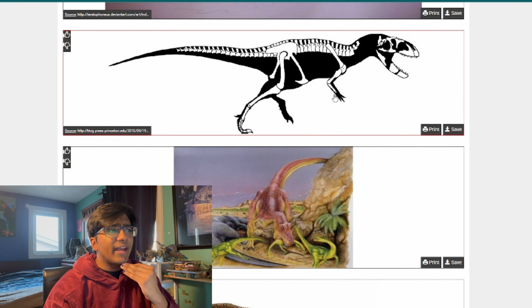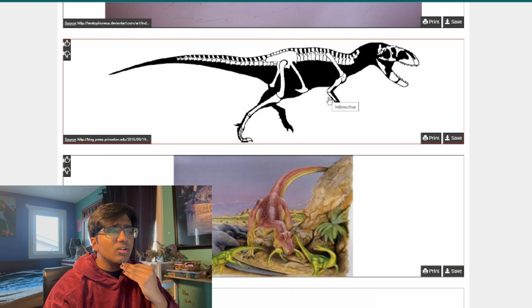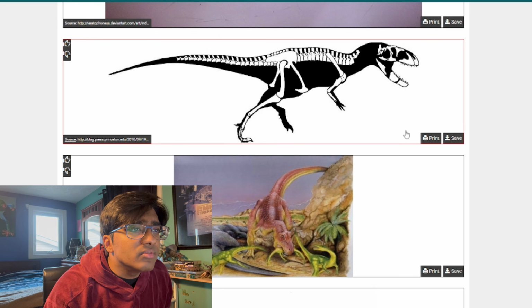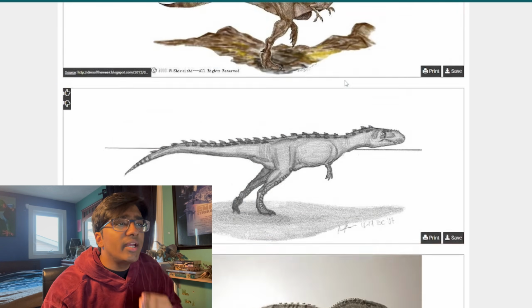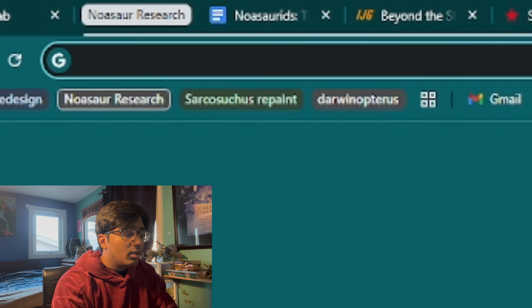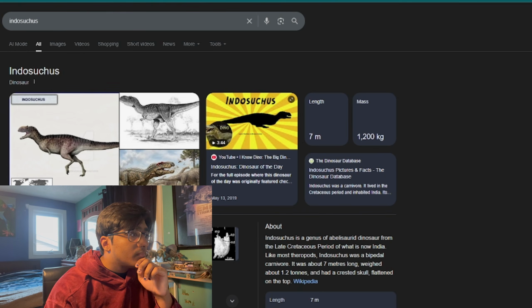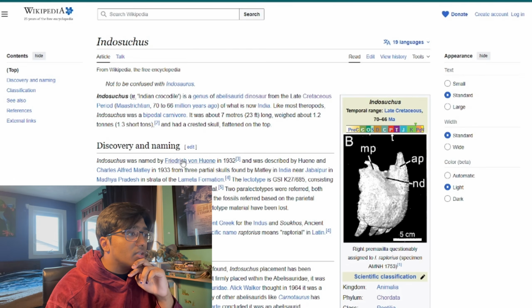Does Indosuchus actually have an ulna and a radius and a humerus like that? I swear in... Okay, I'm gonna have to look this up. Indosuchus. Because there's no way. There's no way an abelisaur has that.